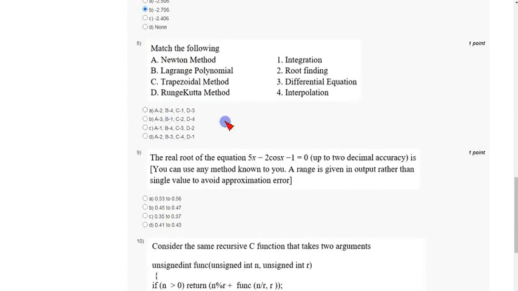And coming to the 8th one, last but second question, match the following. Option A, Newton method. B, Lagrange polynomial. Option C, trapezoidal method. Option D, Runge-Kutta method. And here in this column, option 1 integration, option 2 root finding, option 3 differential equation, and option 4 interpolation.